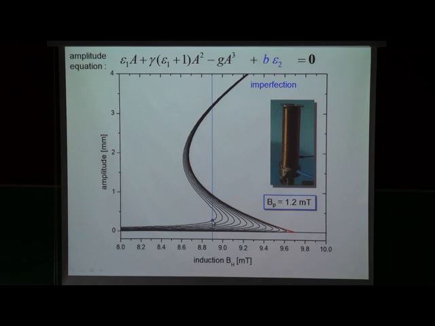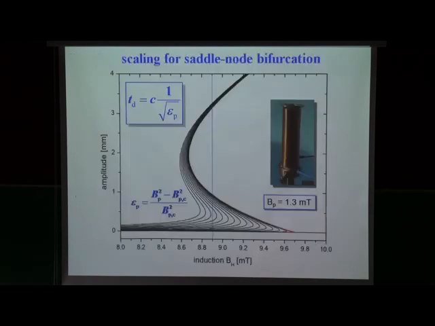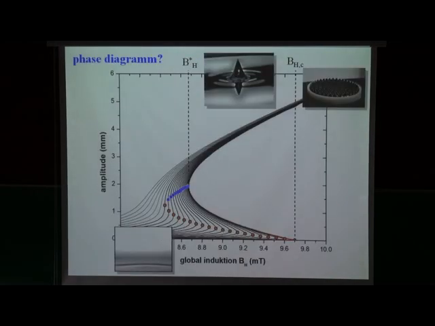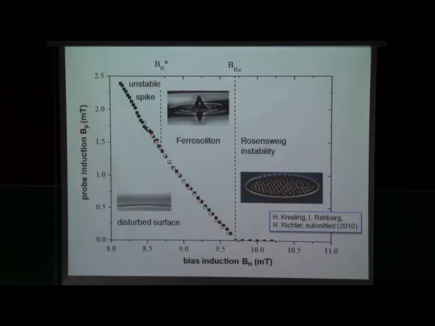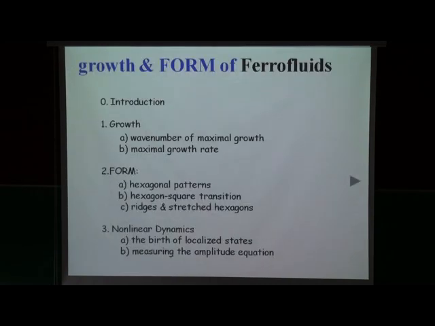That's exactly the bump before it's getting unstable, before it's popping up. This is this point. So here we are. This mission is accomplished, the birth of a localized state.